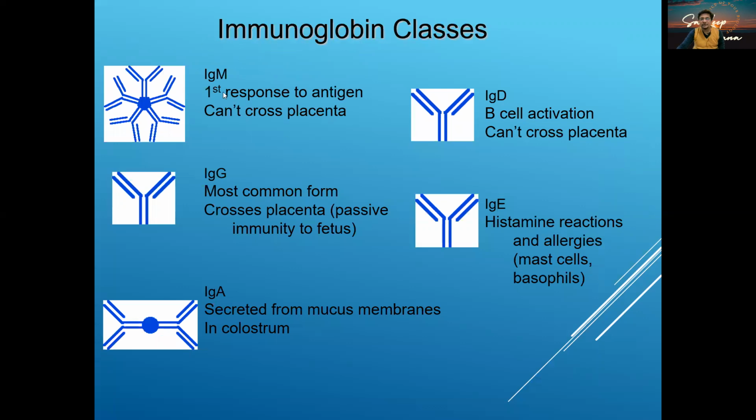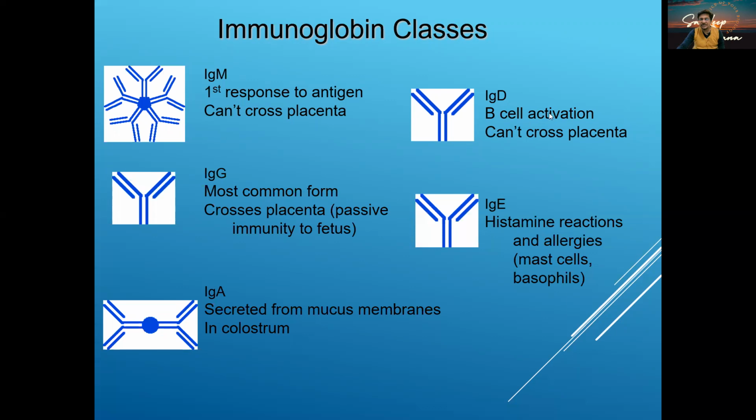So let's first talk about IgM. As I told you in the beginning, in IgM the heavy chain is mu, and this is going to be the first response, because it is mainly present on the B cell. So this is the first response to the antigen, but it is not going to cross the placenta.